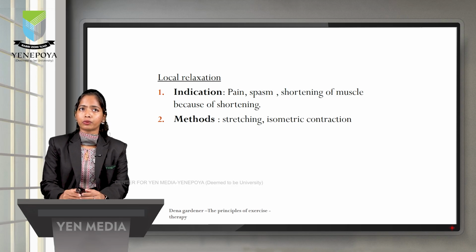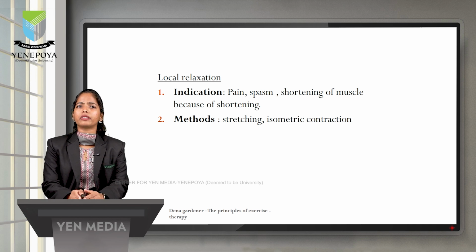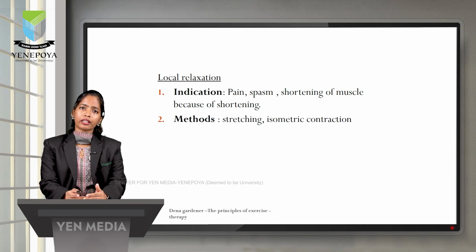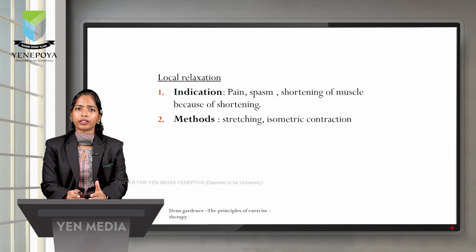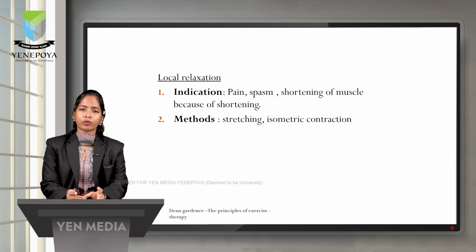Local relaxation is when you want to relax a particular part of the body. Maybe there is an injury on the knee joint, that part you want to relax. Otherwise there is an injury on the shoulder joint, you want to relax that particular part of the body. That is local relaxation.